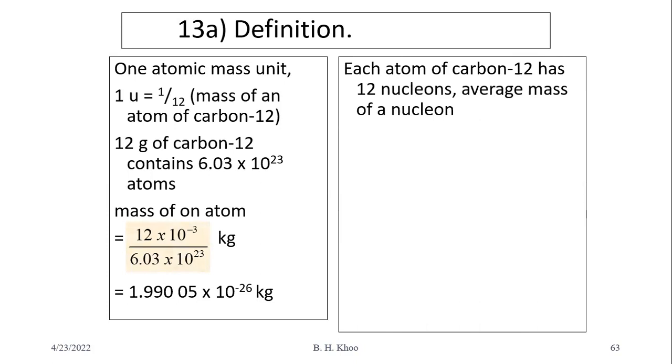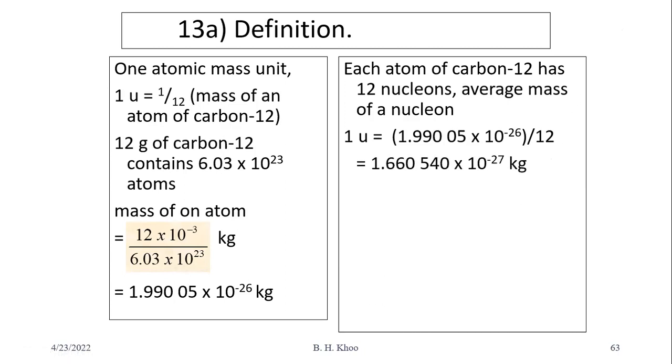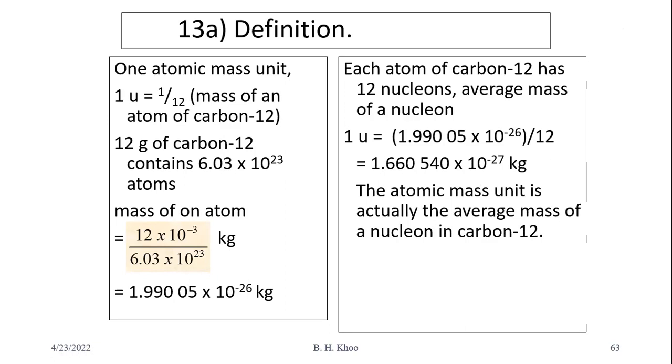There are 12 nucleons in carbon 12. So the average mass of a nucleon is that value divided by 12, which is 1.66 times 10 to the power minus 27 kilogram. So you can think of the atomic mass unit as actually the average mass of a nucleon in carbon 12.